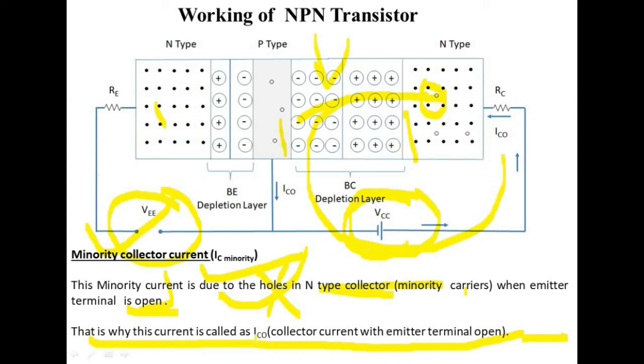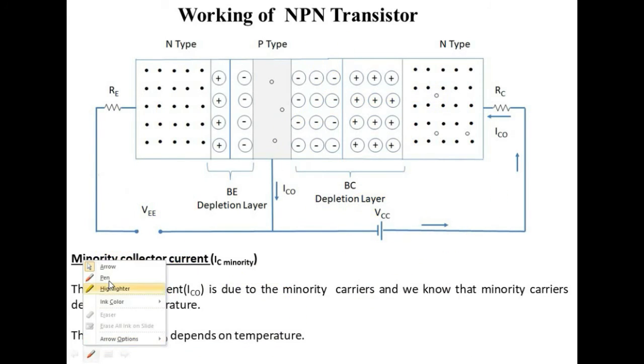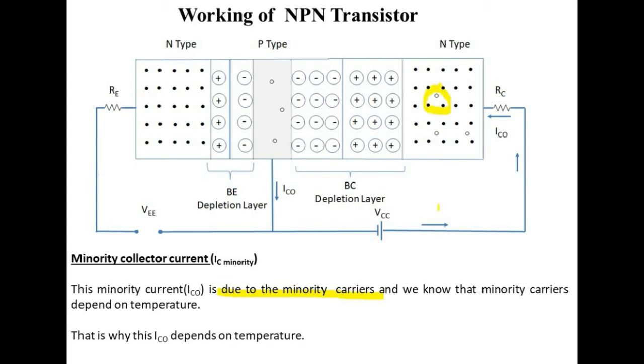That is why this current is called ICO. ICO means the emitter terminal is open. This minority current ICO is due to the minority carriers, and we know that minority carriers depend on temperature. That is why this ICO depends on temperature.